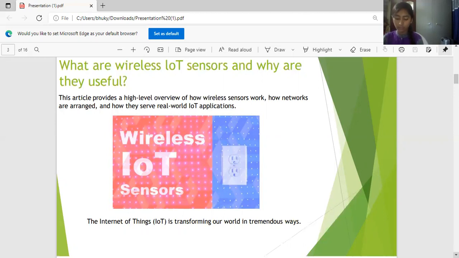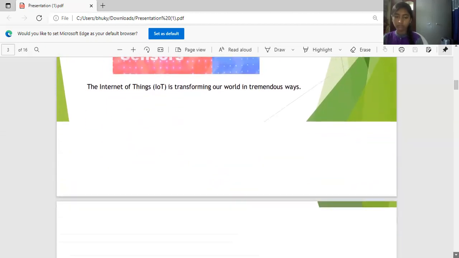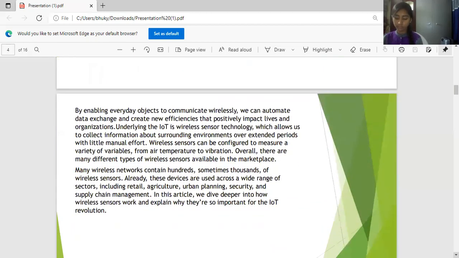Underlying the IoT is wireless sensor technology, which allows us to collect information about surroundings and environments over extended periods with little manual effort. Wireless sensors can be configured to measure a variety of variables, from temperature to vibration.